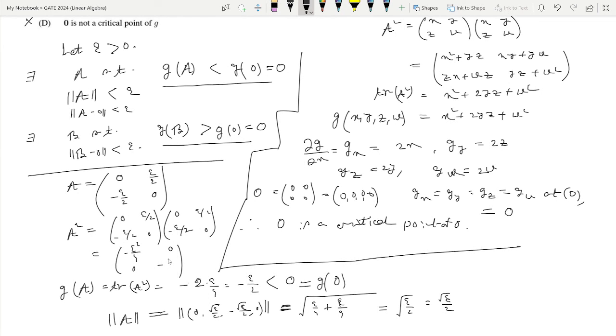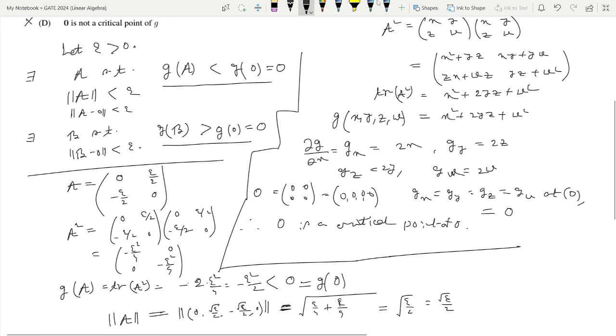This is also minus epsilon square by 4. Then this will be 2 into minus epsilon square by 4, that is minus epsilon square by 2, that is also less than 0, done.